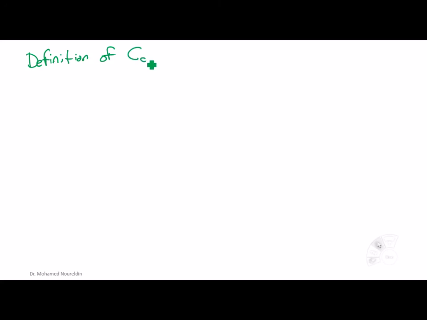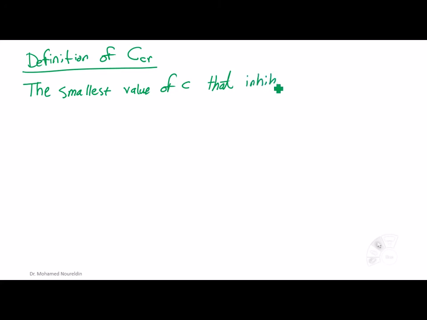of C critical. What is the definition of it? We can say that it is the smallest value of C, which is the critical or the damping coefficient, that inhibits or prevents oscillation completely.